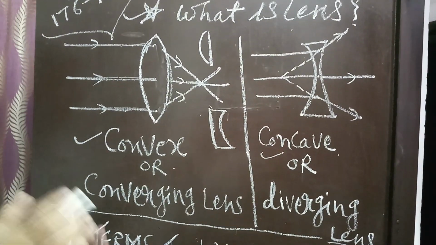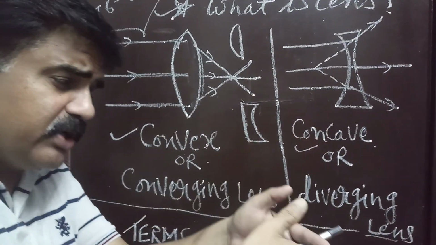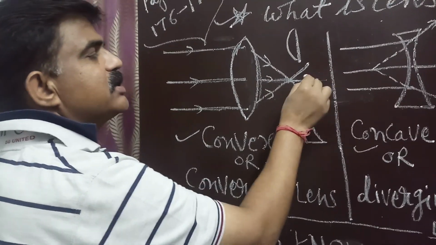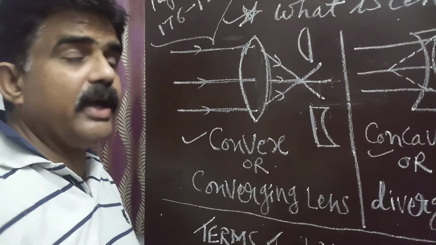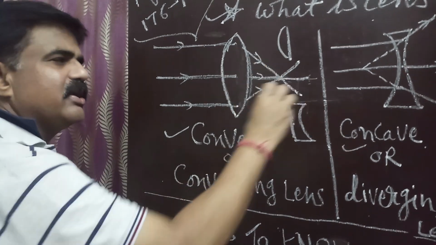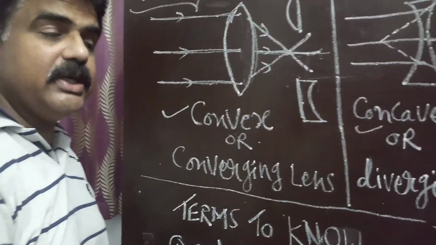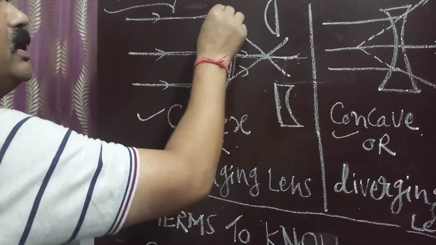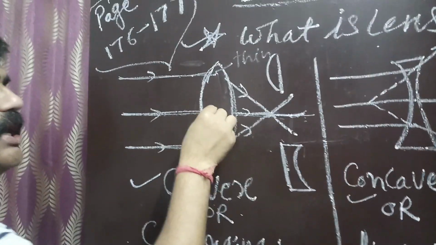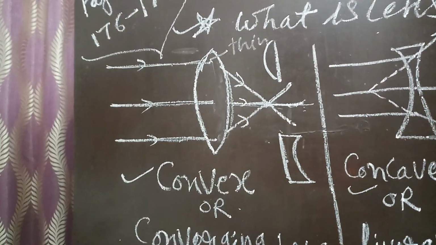When these rays pass through a convex lens, they converge towards a point on the principal axis, which we study later. Because it converges the rays, it is called a converging lens. This lens is thin at the corners and thick at the middle. It is swollen at the middle and thin at the corners.